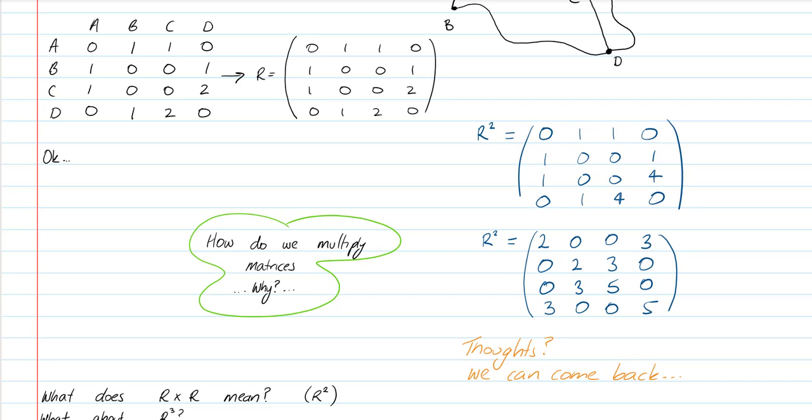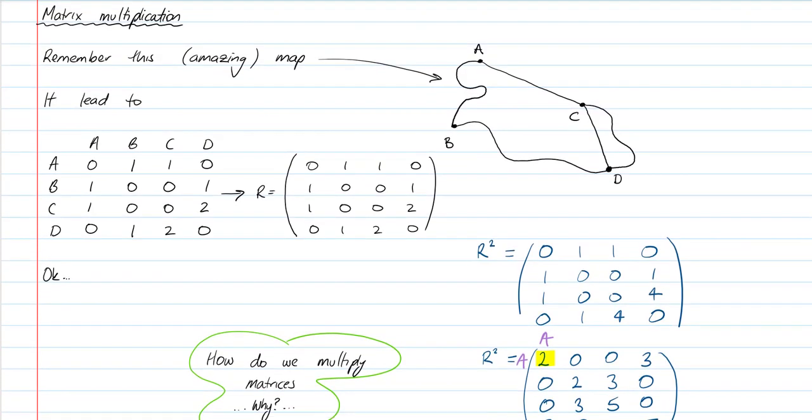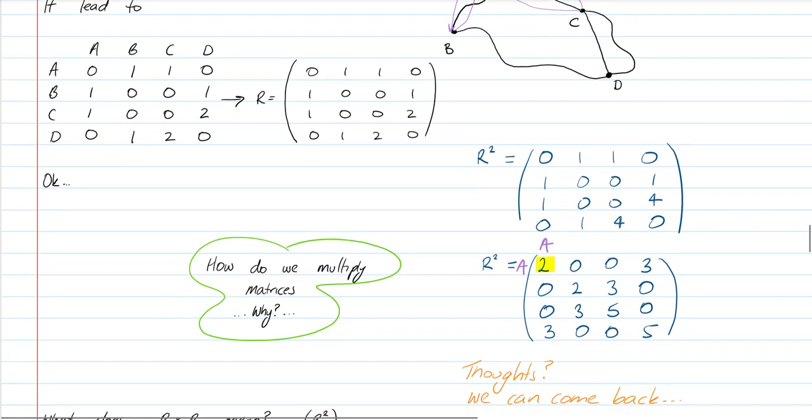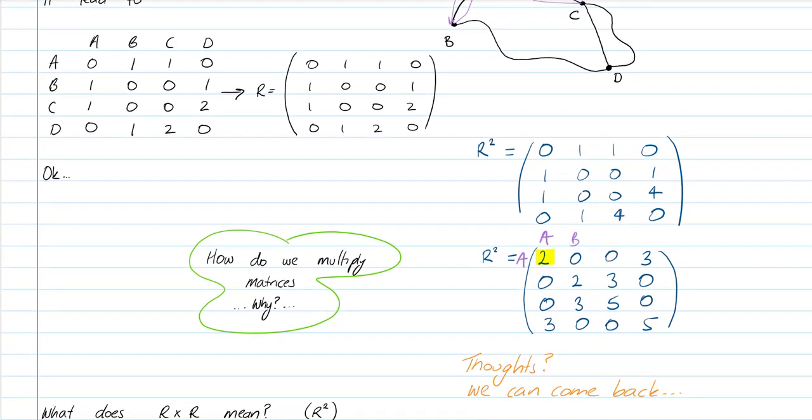Now, here's the interesting thing. If I look at this 2, it's a relationship between A and A. In the road system, it represents how many ways there are of getting from A to A using 2 roads. You might be thinking there are no ways, but what this is counting is that I can go from A to C, and then from C back to A. So 2 journeys are made: I go through one town and get back to A. Or I can go from A to B along that curvy road, and then back to A. There are no ways of getting from A to B, or indeed B to A, so that's this 0 and this 0.